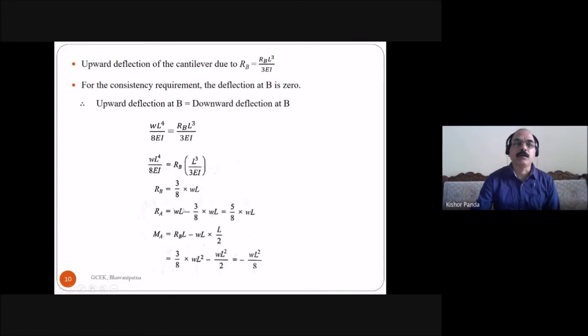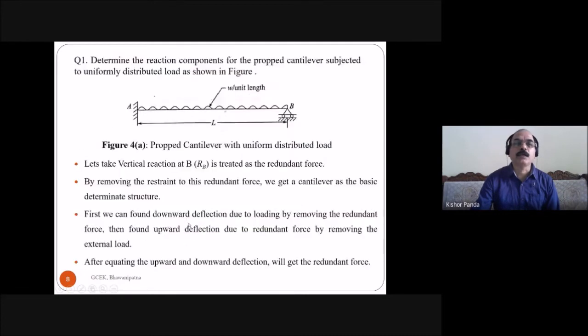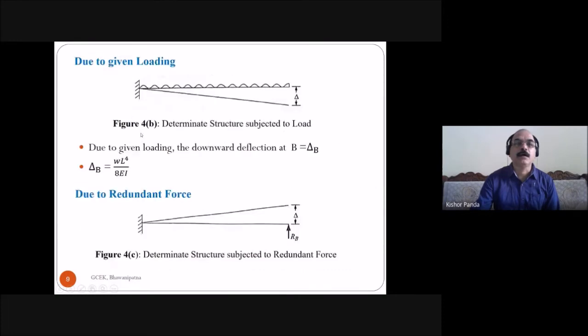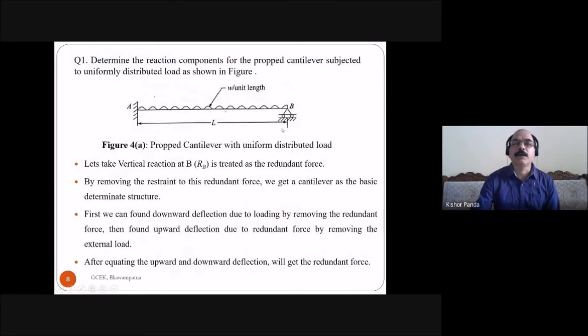The downward load is WL and the total upward reaction is RA plus RB. So RA is equal to WL minus 3 by 8 WL, which is 5 by 8 WL. So this is the reaction at A: 5 by 8 WL, and here the reaction is 3 by 8 WL.